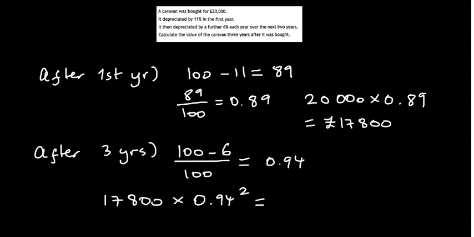And the reason it's to the power of 2 is because it's decreasing for 2 more years from this value. So that would give 15,728.08.